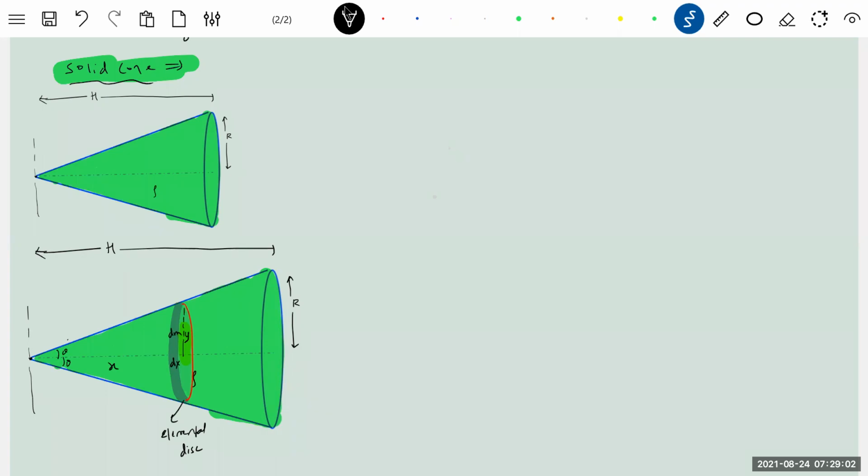Okay, first let's get into some basic mathematics involved here. What is the density? How do we define the density of a cone? Mass by volume of a cone. Volume of a cone is pi r square h by 3, so the density is 3m by pi r square h. This is the density of the cone.